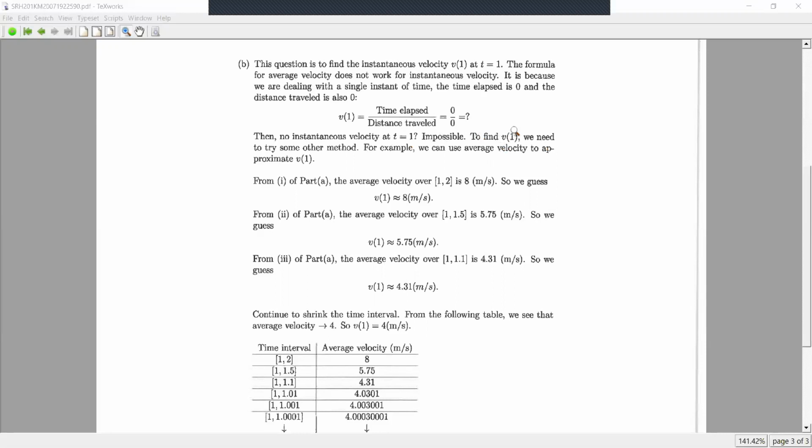To find the instantaneous velocity, we need to try some other method. In the following, we use average velocity to approximate instantaneous velocity. And also we use a limit to find instantaneous velocity.